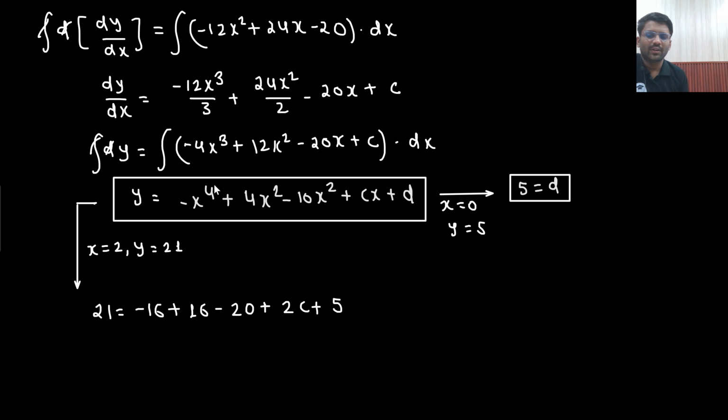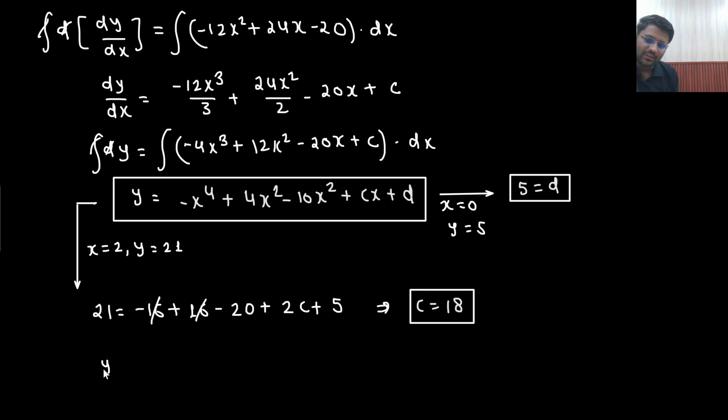X equals to 2 you need to put. So this will be 16, 4, 16, 20, 2c plus 5. This and this are getting cancelled out. This will be 41 minus 5, that will be 36. 36 divided by 2, c equals to 18 we are getting. So the value of c is coming out to be 18.